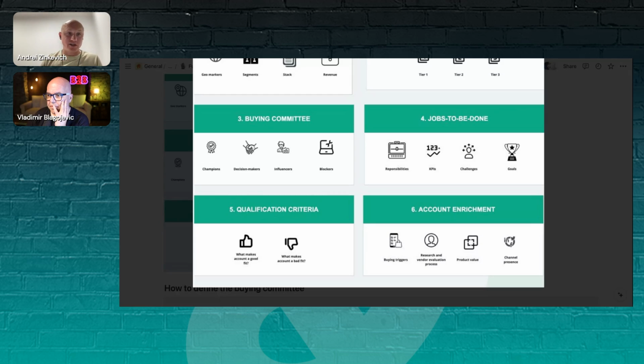Then the product value. The simple example: before, after, right? A lot of companies say, hey, we help with this and that. But in reality, as marketers, we love to use numbers, and we can always put them in our favor. Hey, we were able to increase productivity by 250%, but from what?